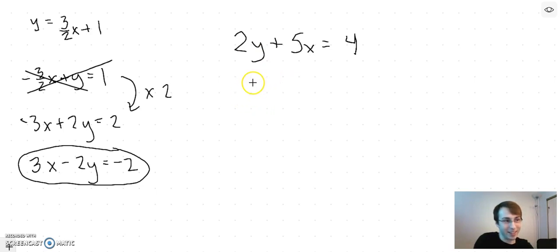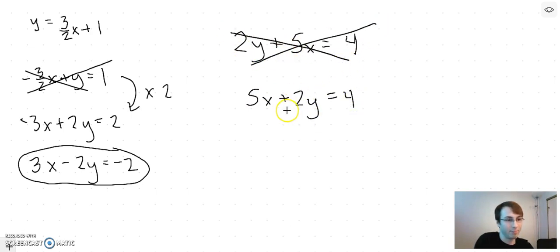Again, this isn't a mathematical truth that in all equations, x needs to come first or else the equation is wrong or anything. But if somebody asks for this specific notation on the test, then the question is to satisfy the requirements of that notation. And this notation requires that x comes first. So you would just switch it around: 5x plus 2y equals 4. And then you're all good.